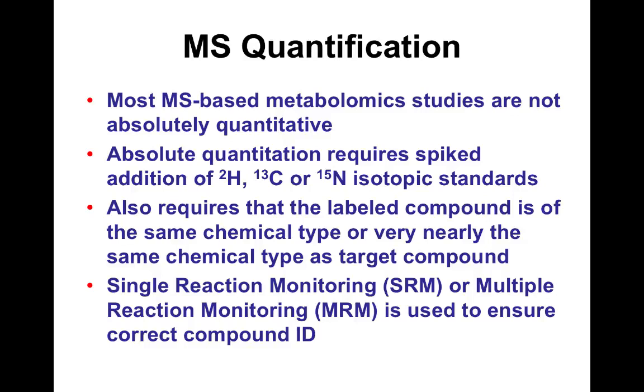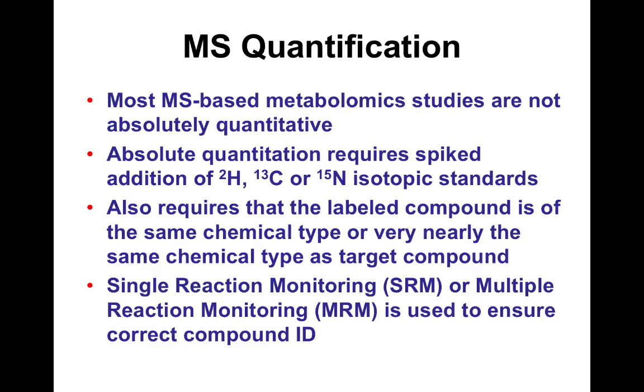Now, as I'd mentioned before, non-targeted or untargeted mass spec is not able to do quantification. So the vast majority, 90% of published MS studies, are not quantified or quantifiable. In order to do quantification, you have to spend money. You actually have to buy the isotope labeled standards or spike them.